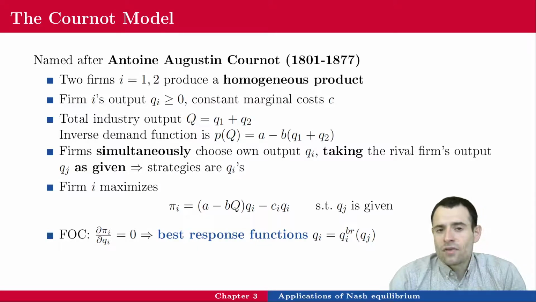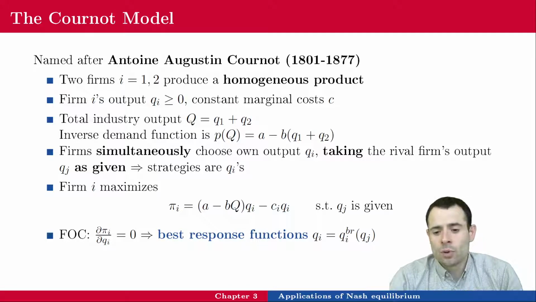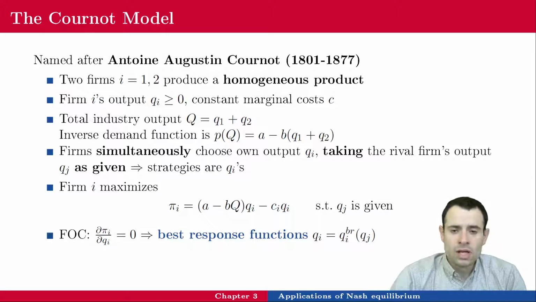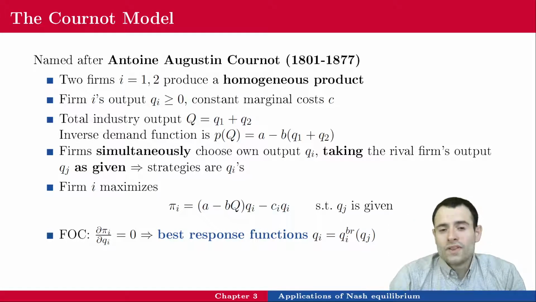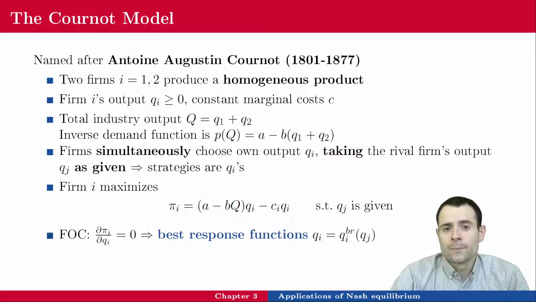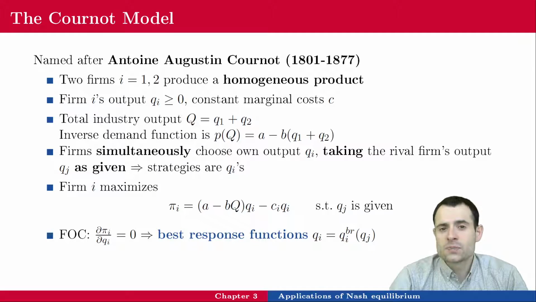Well, we have a profit function that depends on one variable. So what we can do now is take the first order condition. We take the derivative of pi i with respect to qi. We set it equal to 0. And that gives us the best response function. Why best response?